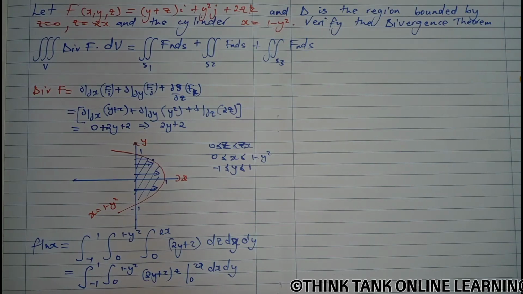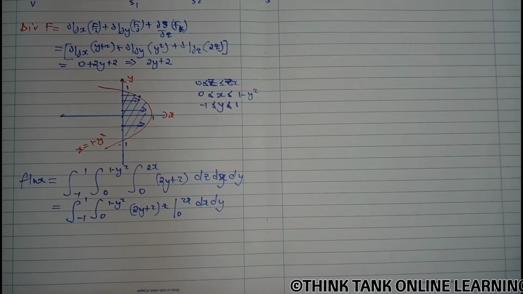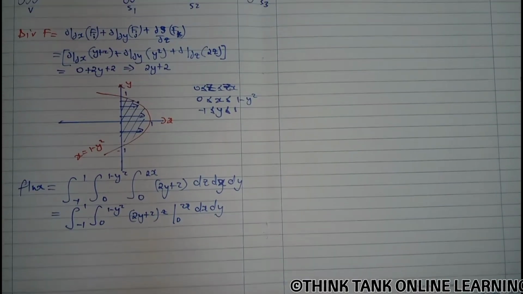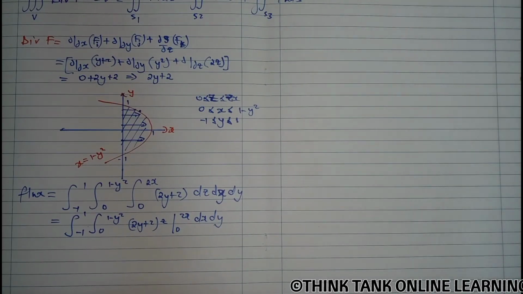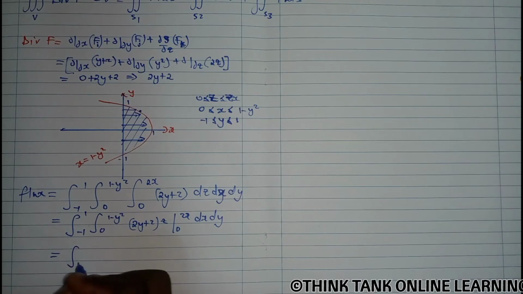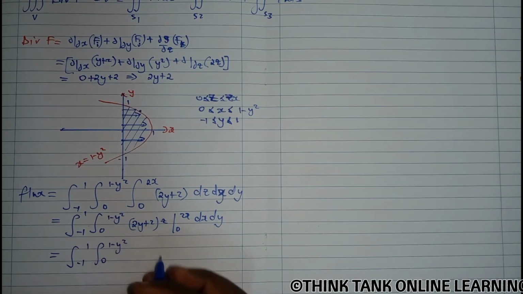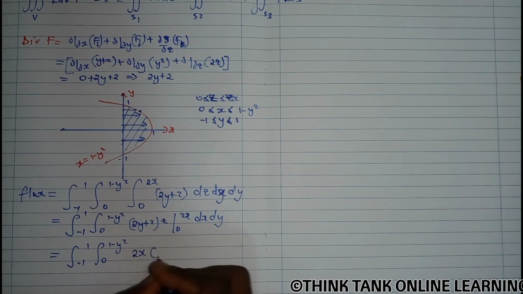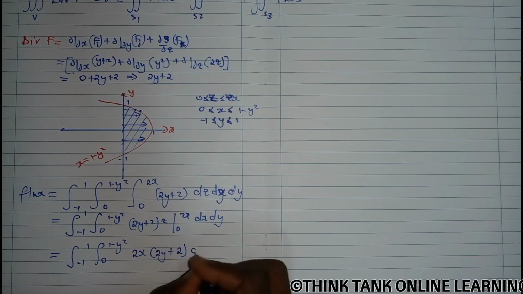If we say upper bound minus lower bound, like what we always do, we're going to have negative 1 to 1, 0 to 1 minus y squared, 2x, 2y plus 2, and dx dy.